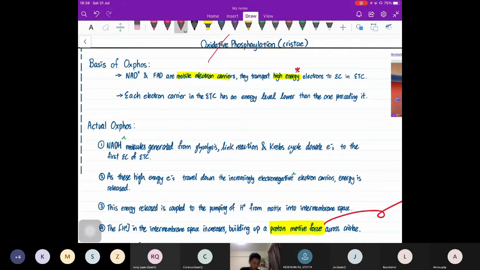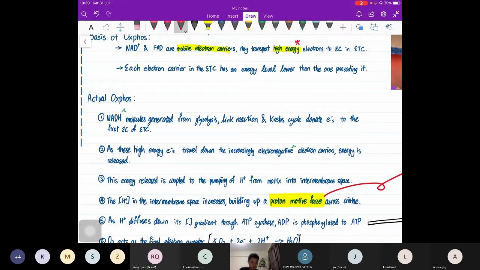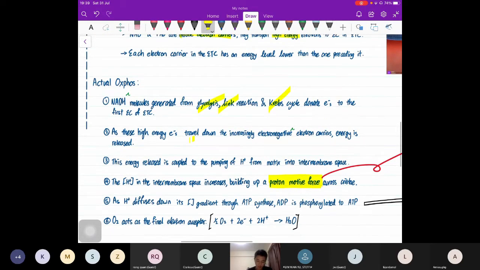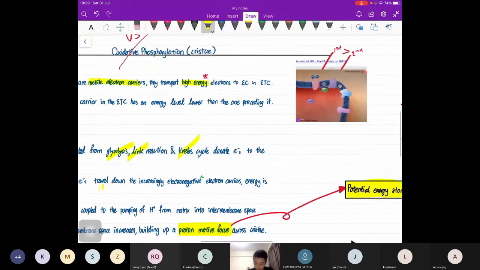If we talk about the actual process of oxidative phosphorylation, your first step is that your NADH molecules that were generated from before, which is during glycolysis, link, and Krebs cycle, all get donated to your electron carriers in your electron transport chain, as you see in the GIF there.